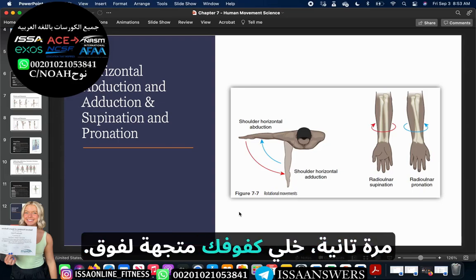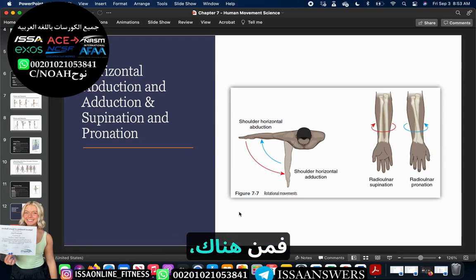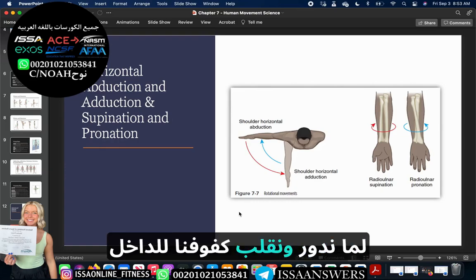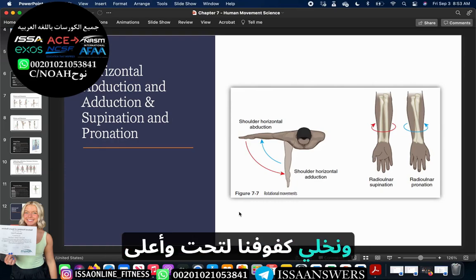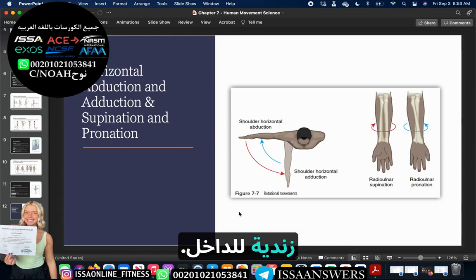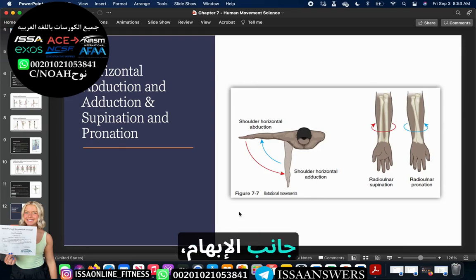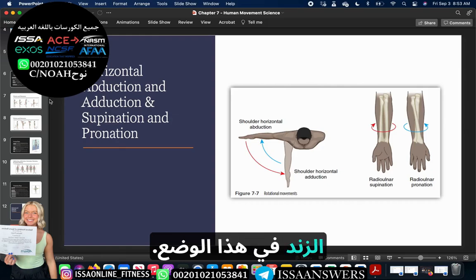You have your palms facing up. That is truly radial ulnar supination. So from there, when we rotate and turn our palms inward and put our palms now down and the tops of our hands are facing up, that is radial ulnar pronation. And you can see there that the radius, thumb side, actually rotates over the top of the ulna in that position.